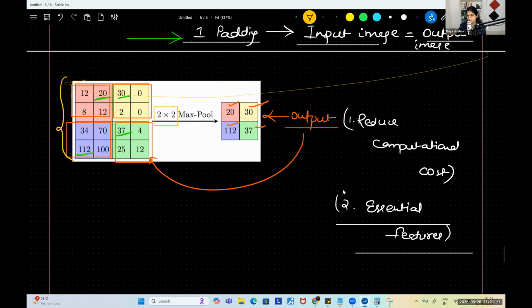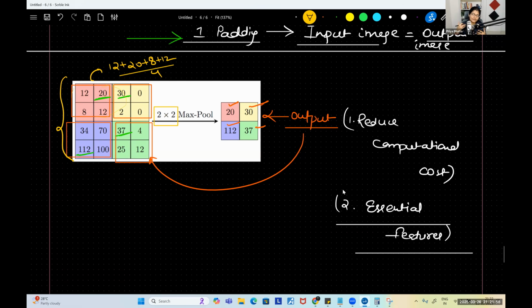When you say average pool, it means 12 plus 20 plus 8 plus 12 divided by 4. Whatever value comes up becomes the very first value over here. Then it takes the next average value, and the next. So if you want to include all the features rather than introducing a high, maximum value, then average pool comes into the picture.